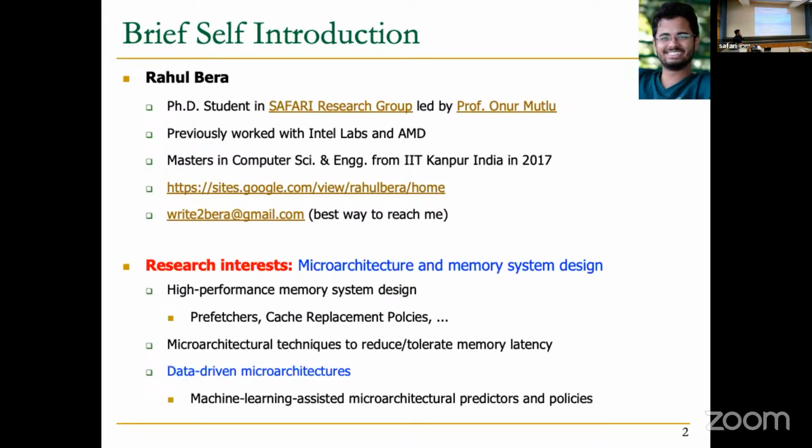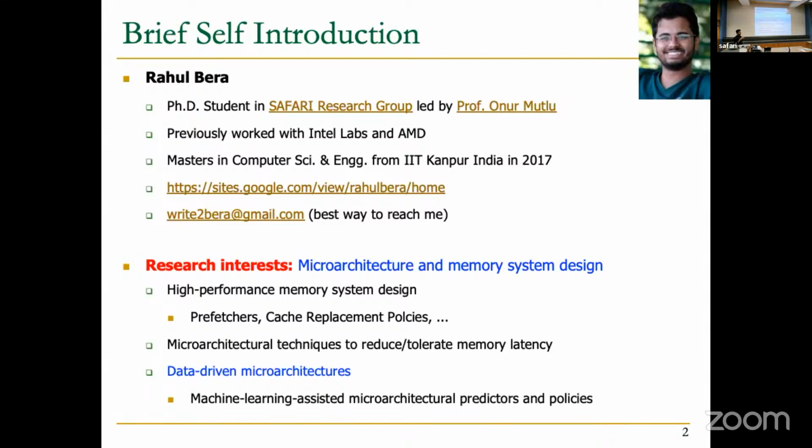My primary research interest essentially aligns with microarchitecture and memory system design, like prefetching, cache replacement policies, and other microarchitectural techniques for reducing or tolerating memory access latency, which we are going to cover in this lecture itself. We are also focusing on something called data-driven architectures, right?